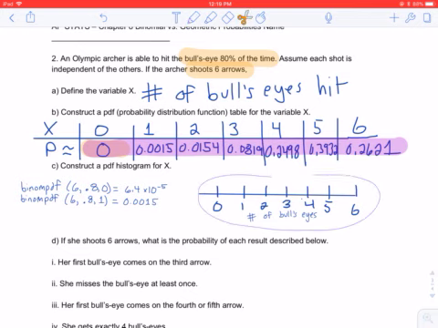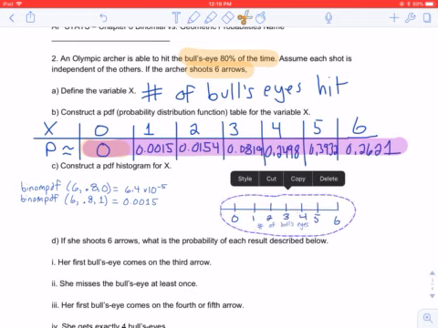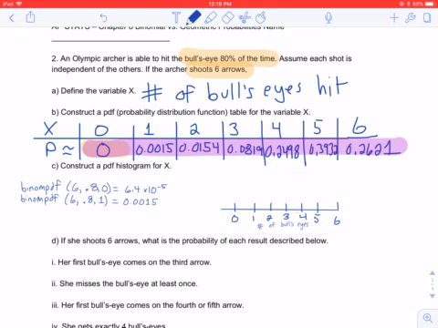And I want a y-axis, but for what I'm doing, I don't need to make it super accurate. So my y-axis is going to be my probability. My probabilities go up to about 0.4, so I'm just going to ballpark it. 0.2, then 0.3 in the middle here, and then 0.1 here. So what I'm doing is graphing the probabilities of these things happening.